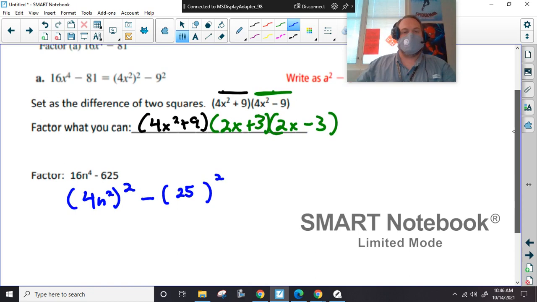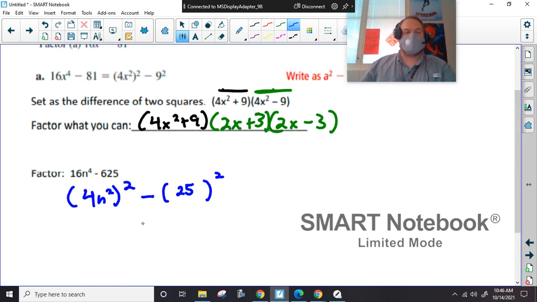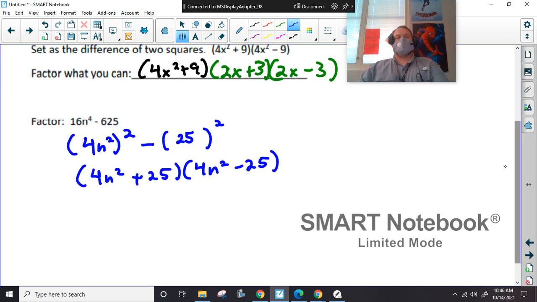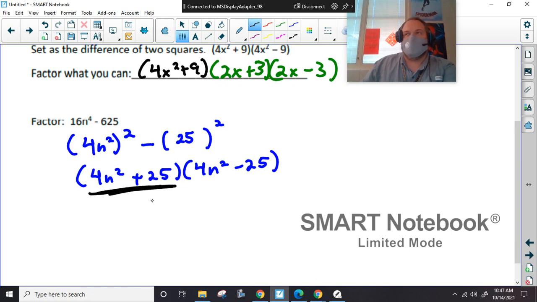So we can rewrite this as 4n squared plus 25 times 4n squared minus 25. Now, this part right here, we can't factor this anymore, so we leave it alone.